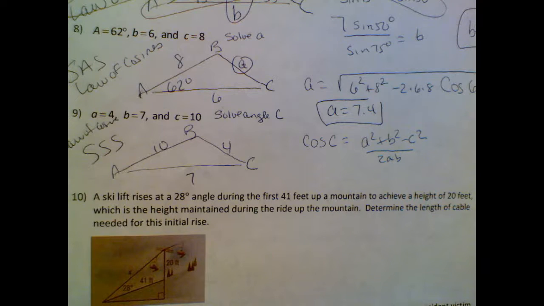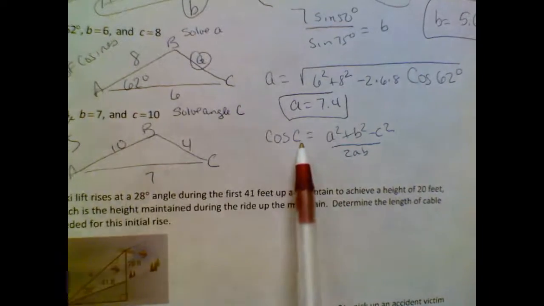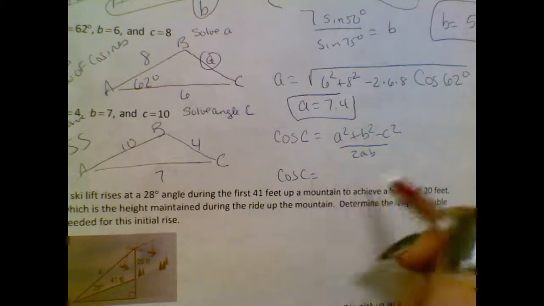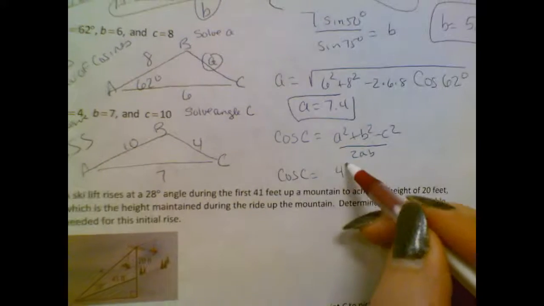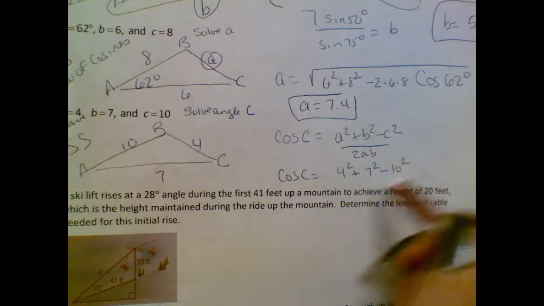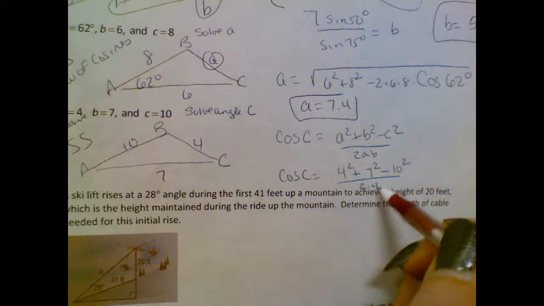I manipulated the formula to look like this. This really is the formula we just used, but I've manipulated it so that this angle's by itself over here. So when you go to put this in your calculator, guys, a squared is 4 squared, b squared is 7 squared, minus 10 squared over 2 times 4 times 7.